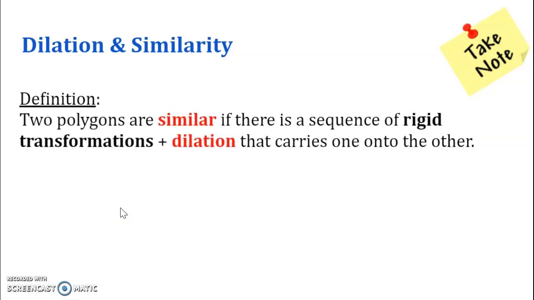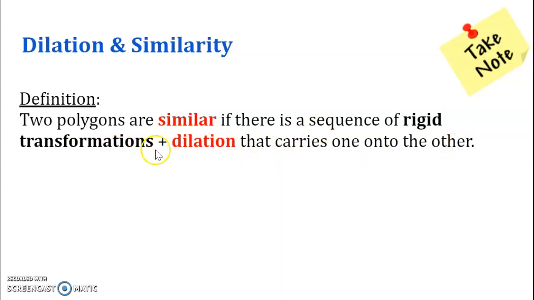Well, the definition of similarity is that two polygons are similar if there is a sequence of rigid transformations, remember, rigid transformations are reflection, rotation, translation, plus dilation that carries one onto the other.